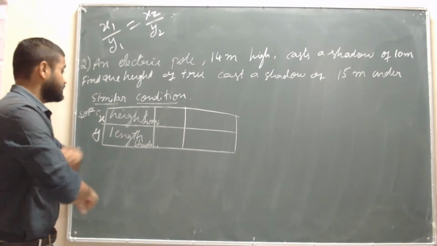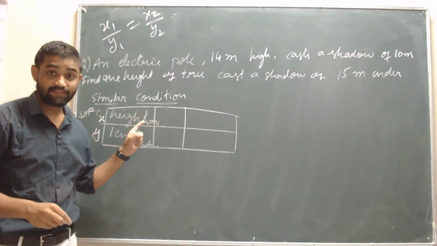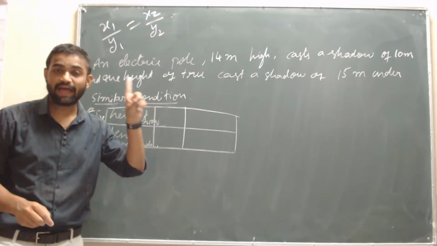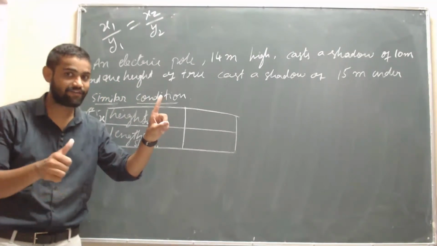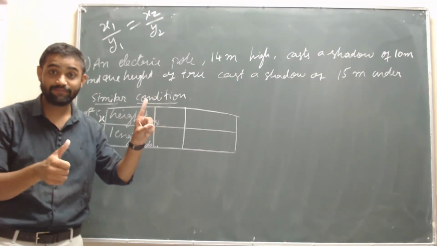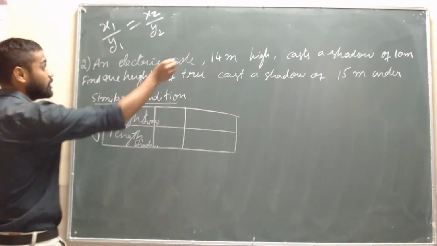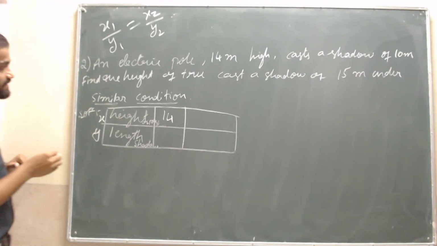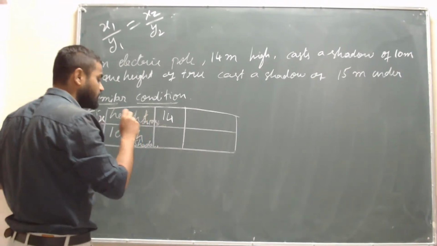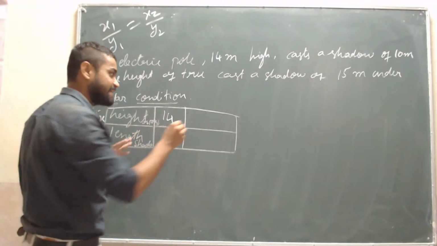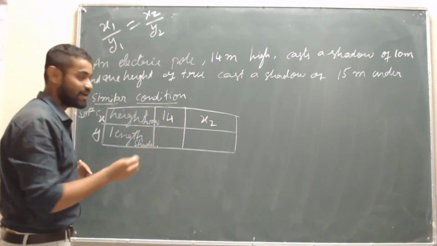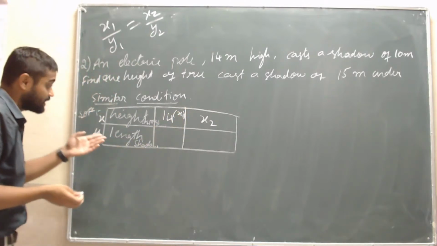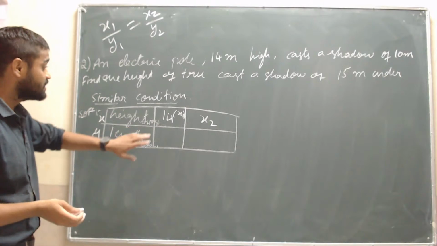Then the height of the pole he has given, and the height of the tree is not given. We have to find it out. So the height of the pole is 14 meter, children, isn't it? And the height of the tree, let us assume, is x2, and this is x1.